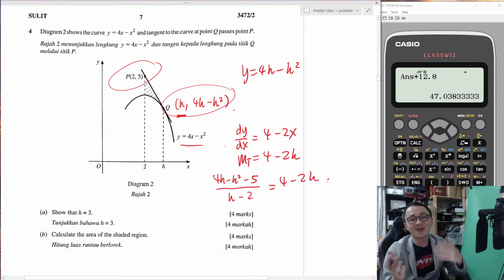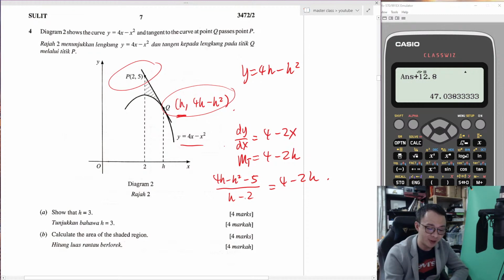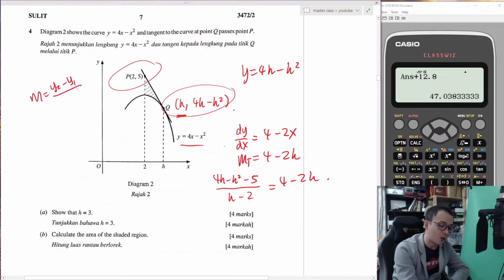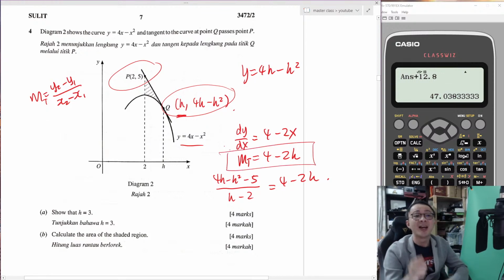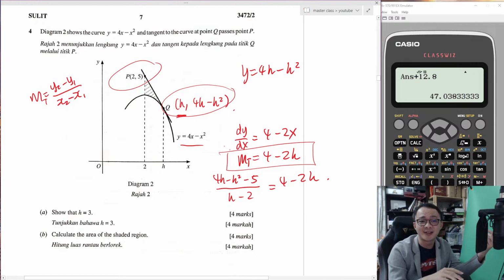By solving this one, I hope I can get the h answer here. So what I'm doing here is I use the two coordinates here, I use the gradient formula y2 minus y1 over x2 minus x1. Okay, because this gradient will be the same as the gradient of the tangent, which is what I get after I substitute the h value into my dy/dx.